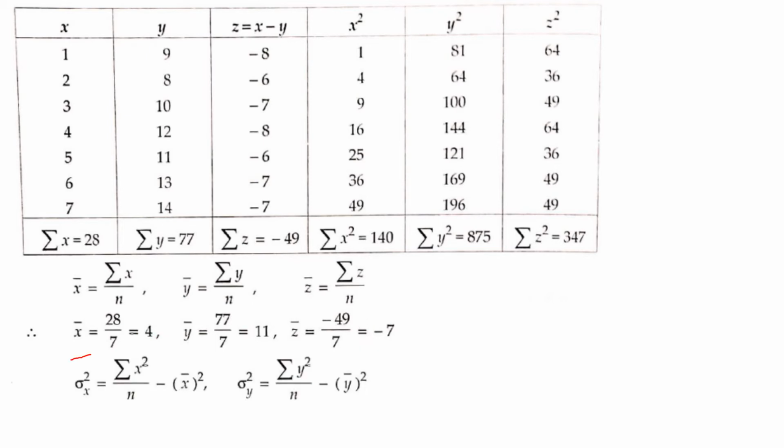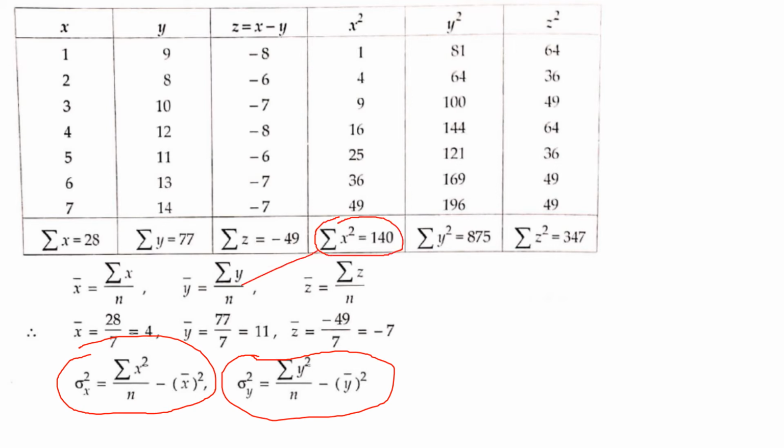Now let us use the formula for sigma x square and sigma y square. Substitute the values: summation of x square as 140 in this formula, x bar as 4 here, and n as 7. Similarly, substitute the requirements of this formula from the table.